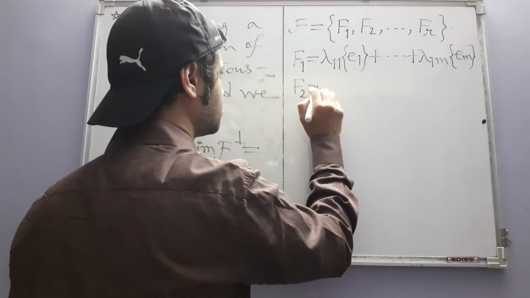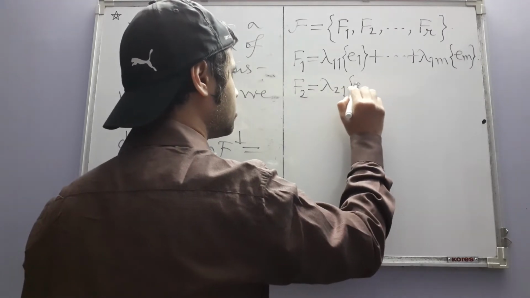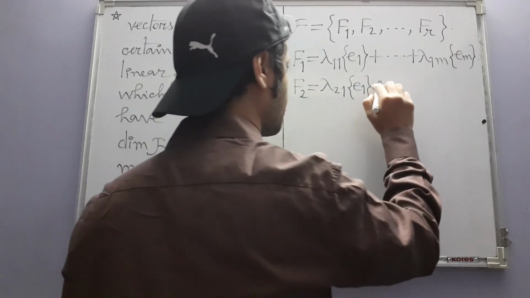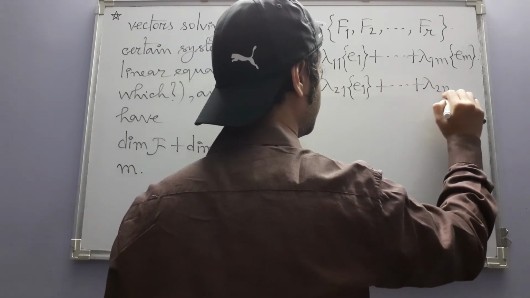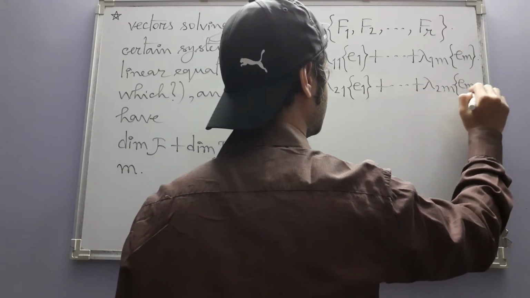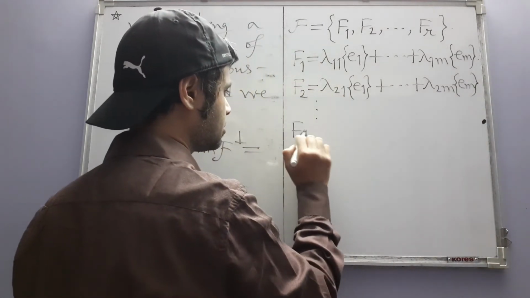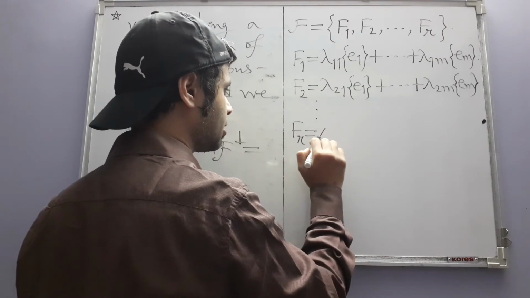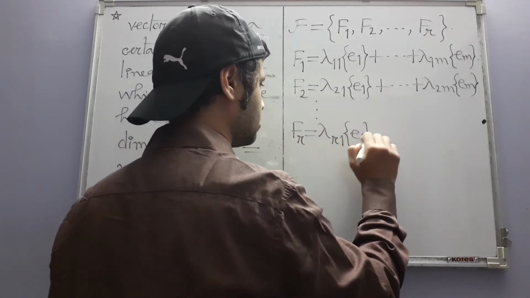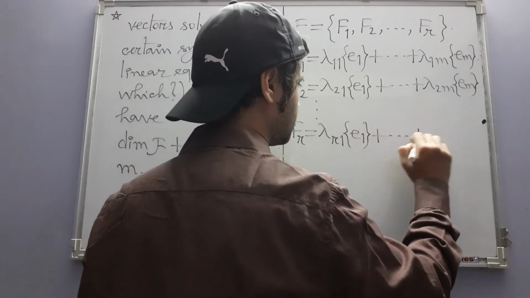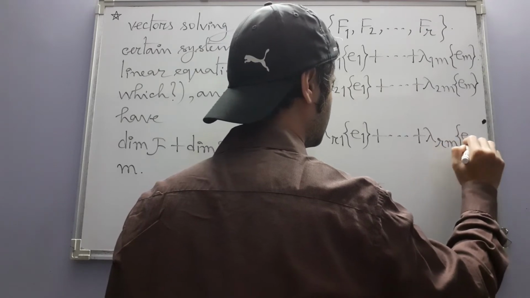Let's write one more. F2 is lambda 2 1 e1, and so on up to lambda 2 m em, and it proceeds like this, and finally Fr is lambda r 1 e1, and so on up to lambda r m em.